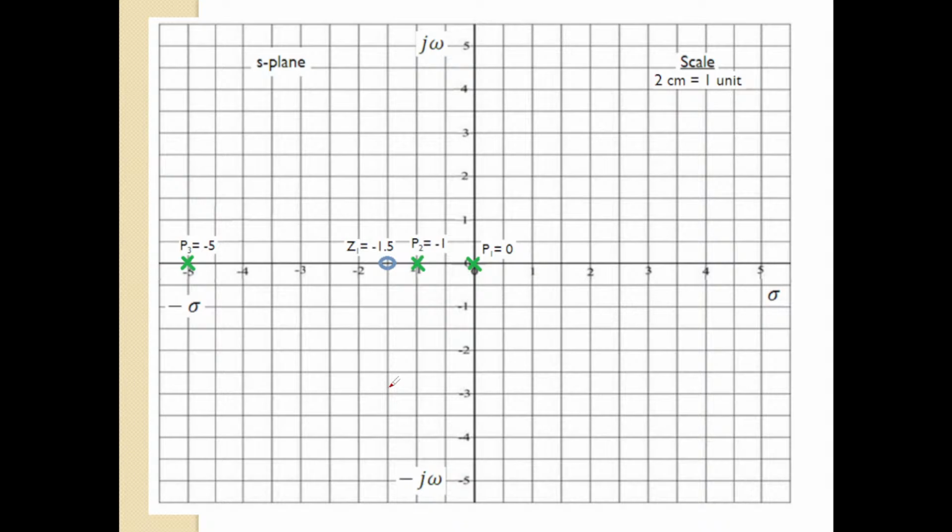Consider a point on the left side of your P1, that is known as the test point.